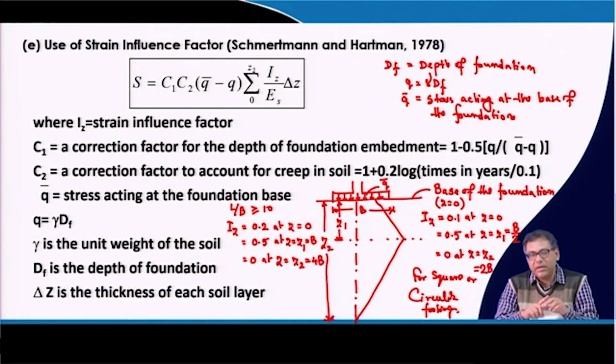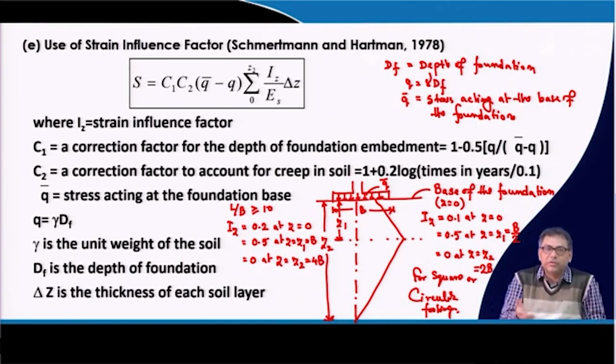So, the twice B I am talking about is the actual influence zone for a square footing. For strip footing, the influence zone is taken as 4 times B. You have to use this for this particular problem, but in general, for any type of footing, you can consider an influence zone up to twice B for other problems like consolidation problems or the methods that I have discussed, where the influence zone is required.